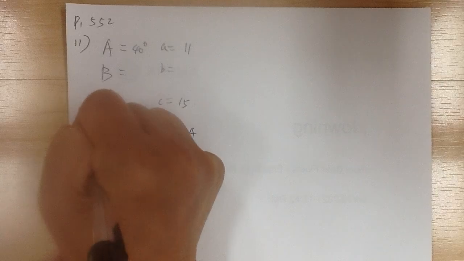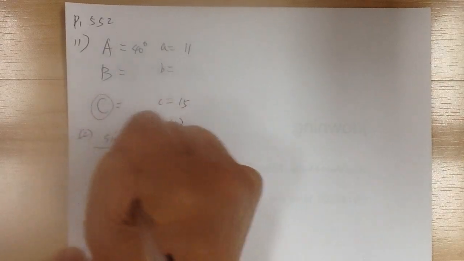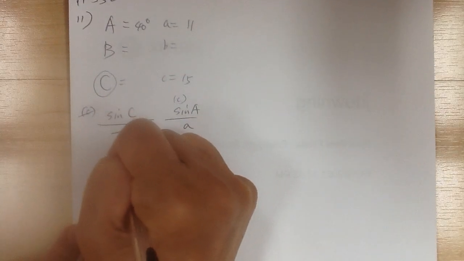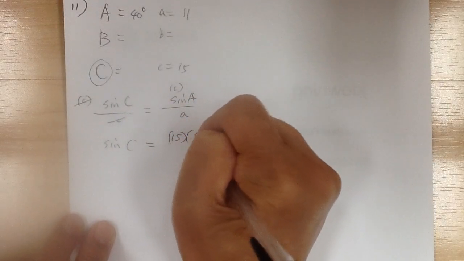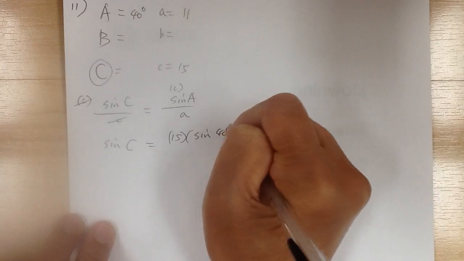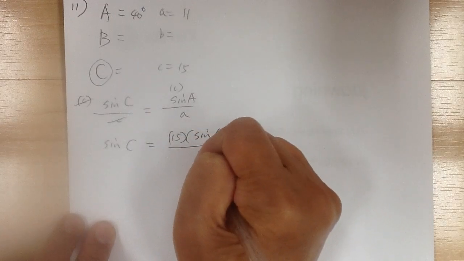So multiply both sides by C, so that this will cancel out. So you get sine C equal to 15 times sine of 40 degrees over 11.